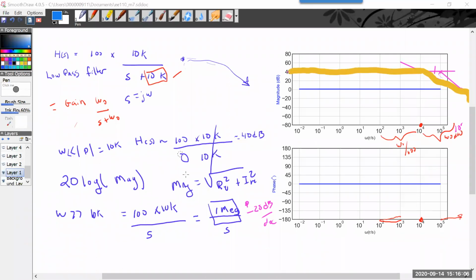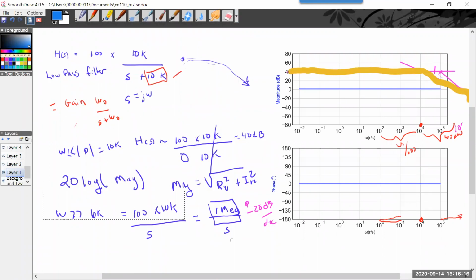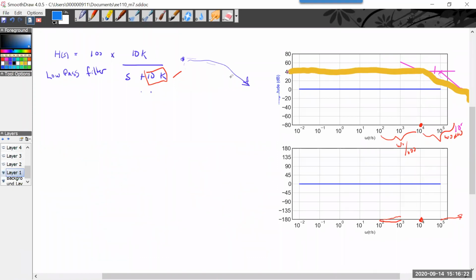Okay. Now for the phase, we have to consider when omega is a lot less than 10K, when omega is equal to 10K, and when omega is much, much bigger than that.